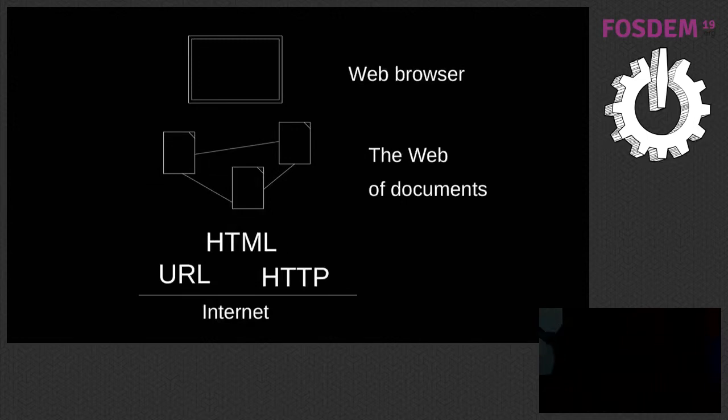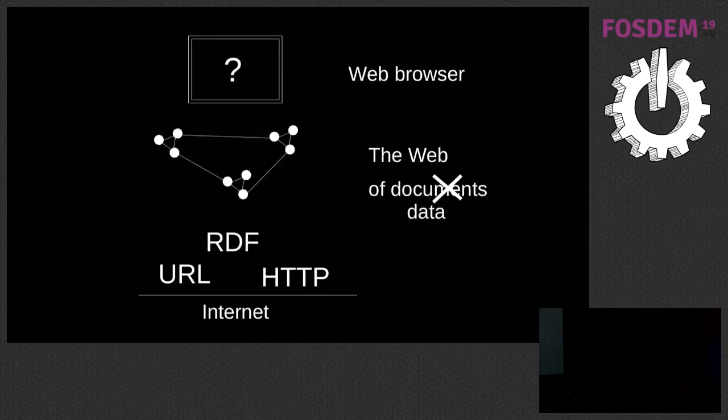So what you have to browse that web of documents is the web browser, the one you use, either Chrome, Firefox, Opera, whatever. The question becomes, when you extend the web and do not only publish documents, which are mainly text, but you start publishing data, let's say, for example, just a simple comma-separated value file.